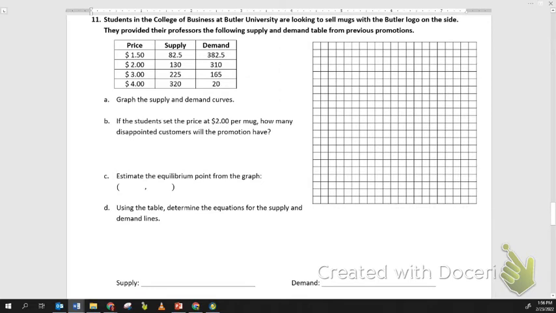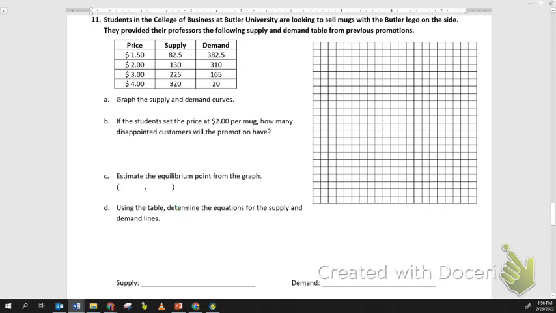But we will move on to number 11. Number 11 is a supply and demand problem.